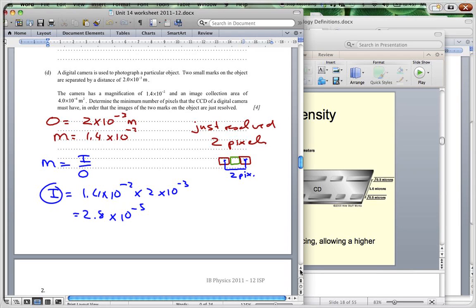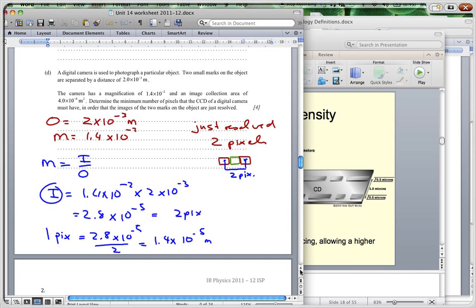Now that needs to be at least equal to 2 pixels. That's the minimum that it can be. Therefore the length of 1 pixel would equal half of this. So that will equal 2.8 times 10 to the negative 5 divided by 2, which is 1.4 times 10 to the negative 5. That will be the minimum length that we would require in meters.